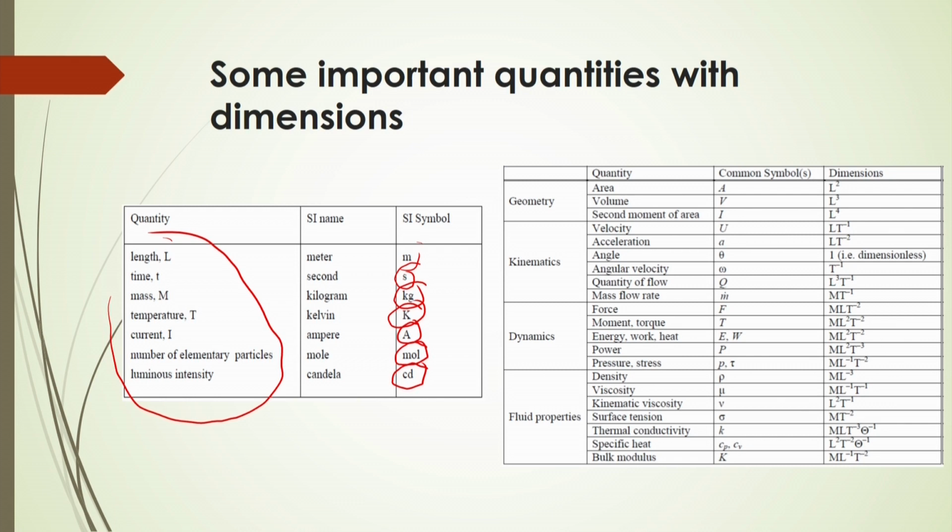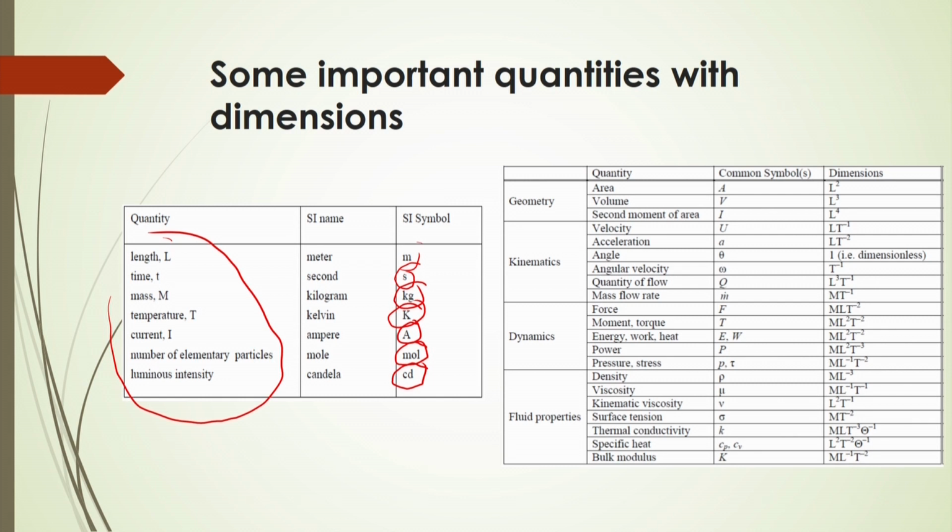Dynamic quantities are like force, momentum, torque, energy, work, heat, power, pressure and stress. Sometimes fluid properties will also be used for the analysis, so you have to know the fluid properties like density, viscosity, kinematic viscosity, surface tension, thermal conductivity, specific heat, and bulk modulus. All those quantities fall under different categories.